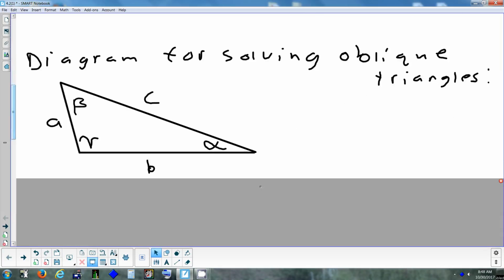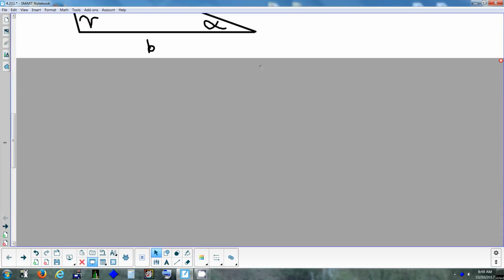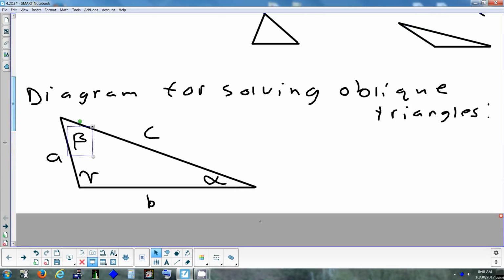It doesn't really matter how you label the sides, but it's where you put the angle names in relation to the sides. So you always want to put alpha across from A. Wherever you put A, put alpha across from it. Wherever you put B, does anybody remember the name of that Greek letter? Yep, beta. So B is always across from beta.